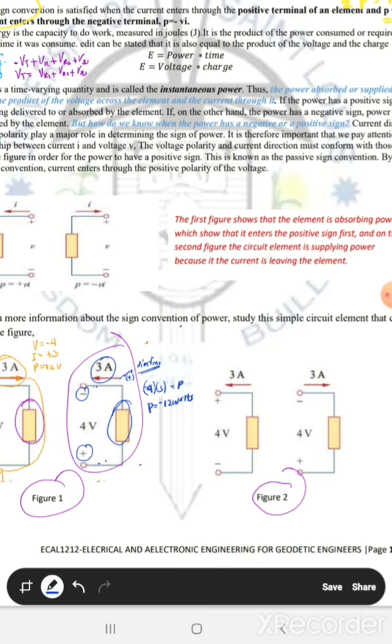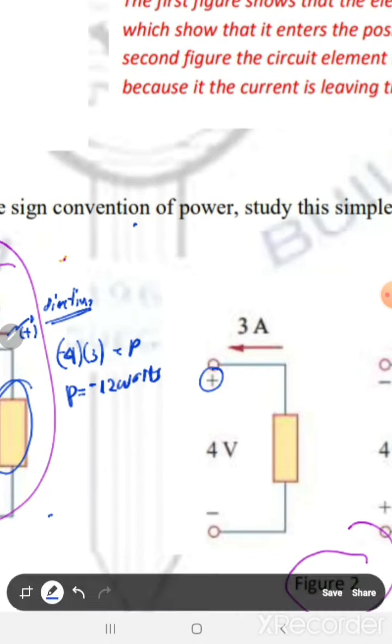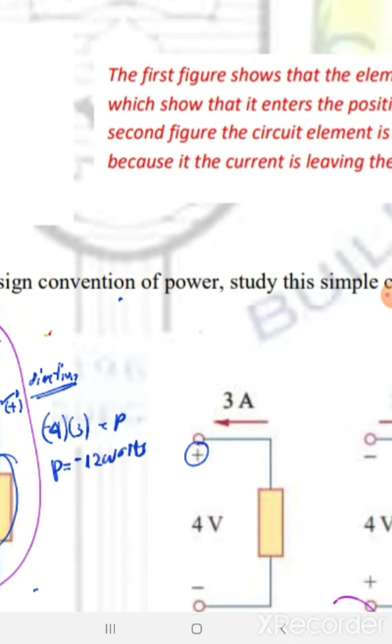But, take note of the sign of your source, which is positive. Sign of your terminal, which is positive. Okay? The terminal is the correct term there. So, we have positive 4 volts. Positive 4 volts is equal to your P multiplied by 3 ampere.